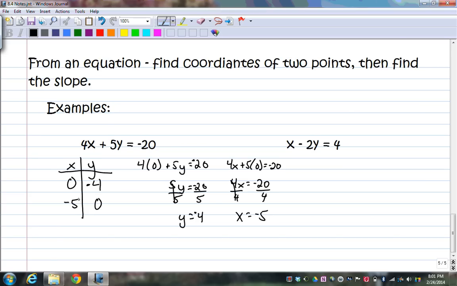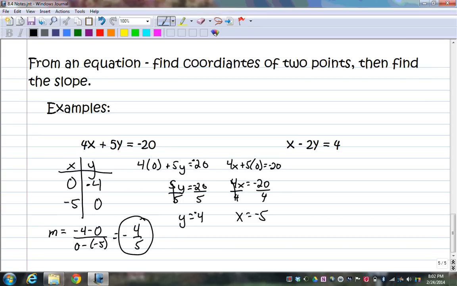Okay, so now I have 2 points. If I wanted to find a slope, I would say that m is equal to -4 minus 0 over 0 minus -5, and this is -4/5. So I know that it's a line that's going down from left to right because it's negative.